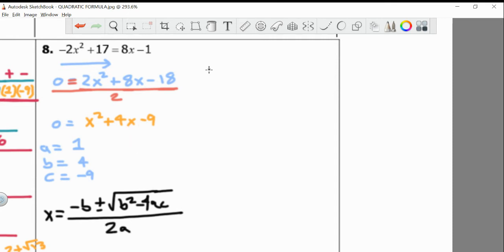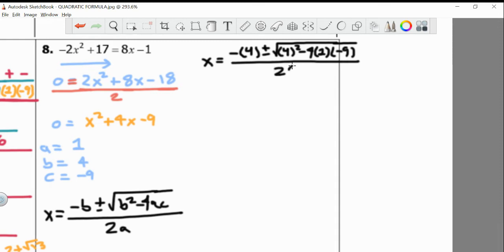Now I need to plug it in. Okay, x equals negative b, which is 4, plus or minus the square root of b, which is 4, squared, minus 4 times a times c, which is negative 9. All of that divided by 2a, which is 1.